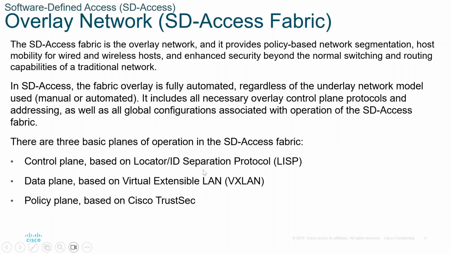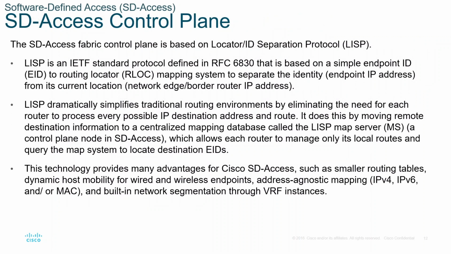You know what the control plane and data plane are? The control plane is your networking protocol, and the data plane is your VLAN ID. So you will be carrying this VLAN to this router. That's what it is. And then access control plane, LISP, locator ID separation protocol. Nothing so fancy.